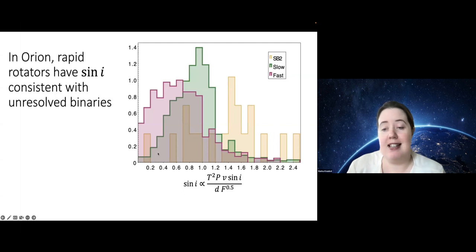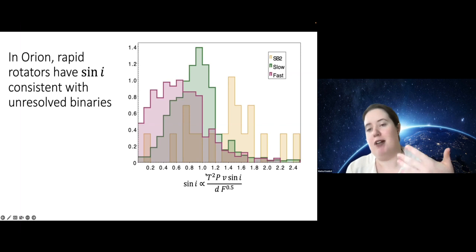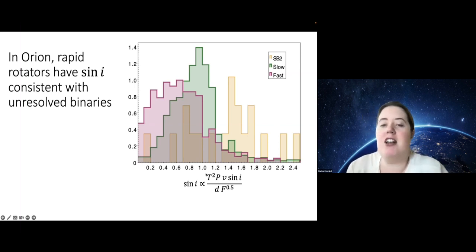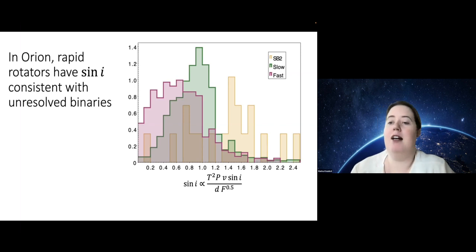And we do indeed see that slow rotators tend to be found right over here. Most of them appear to be edge-on just because of how the measurements are made. But fast rotators tend to have a systematically lower inclination angle distribution. So this would be consistent with them being unresolved binaries.